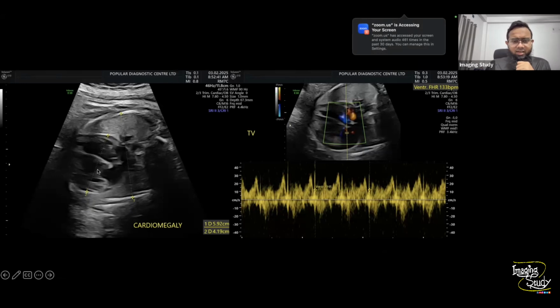Transversely, the heart is around 41 millimeters here, and the thoracic transverse diameter is around 59. This is the easiest way to say it is a cardiomegaly, though the actual ideal technique is to measure the circumference and then compare. Whatever you do, this is a cardiomegaly. It doesn't matter how you measure, it is important to say it or prove it as a cardiomegaly.